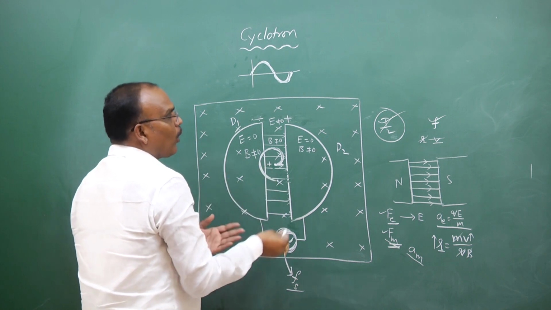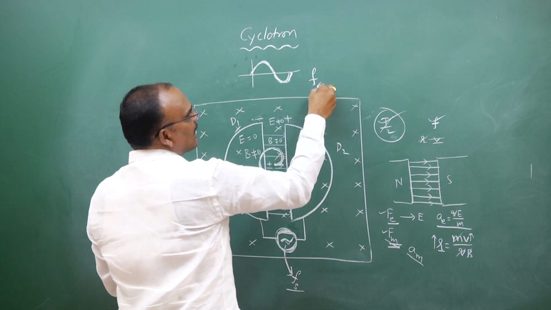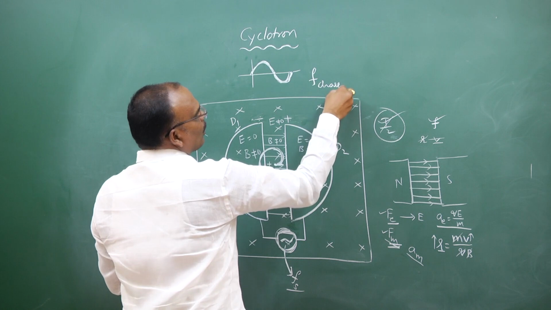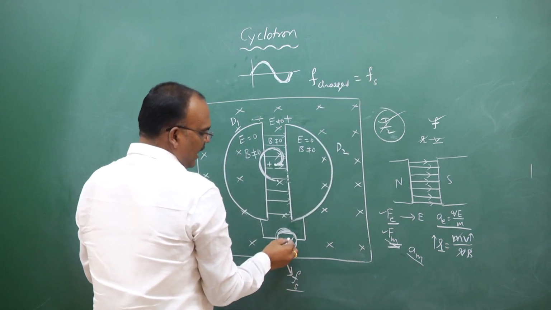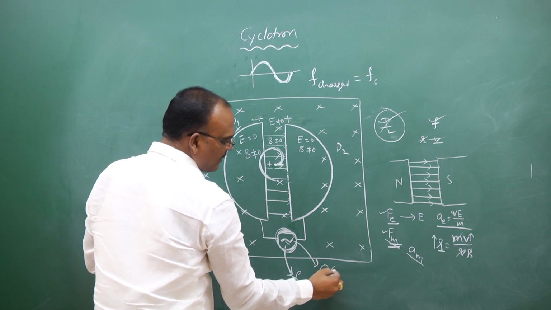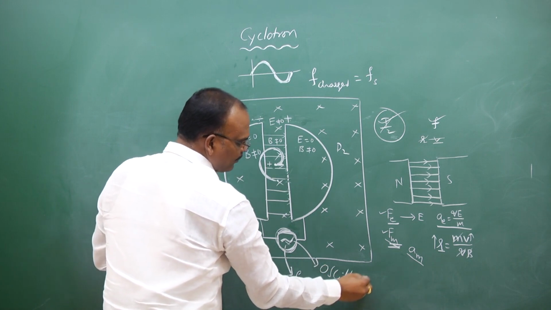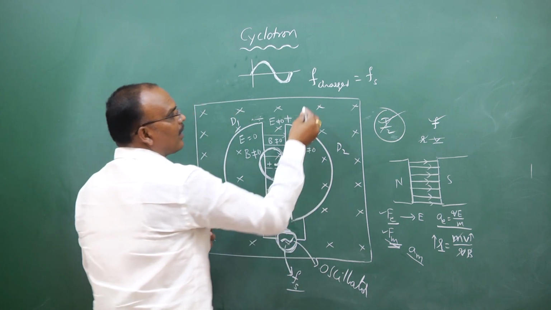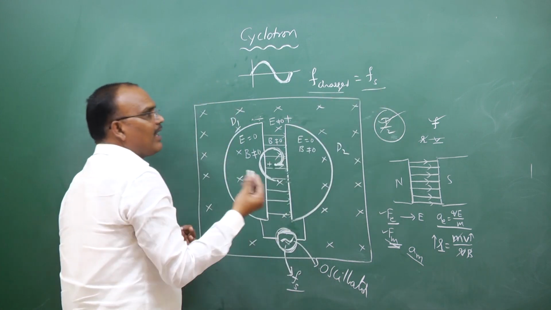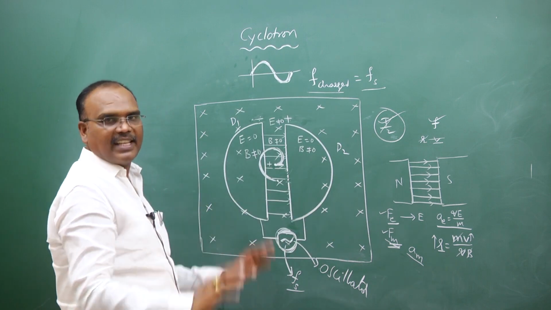If it is so, then frequency of the charged particle is equal to frequency of AC source. This can be called the oscillator. This frequency can be adjustable. If these two are equal, then we say the cyclotron is in resonance.